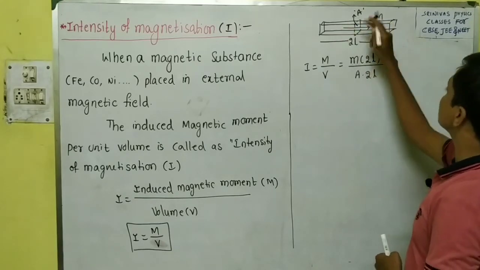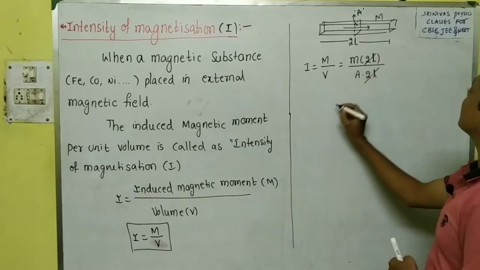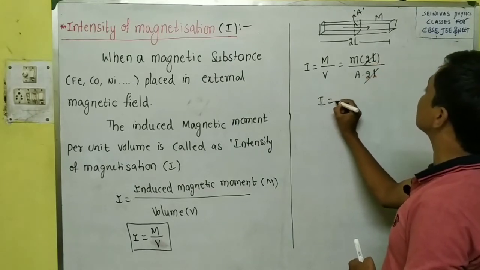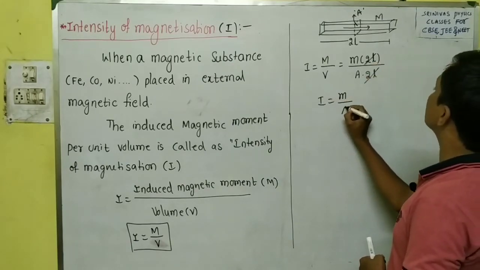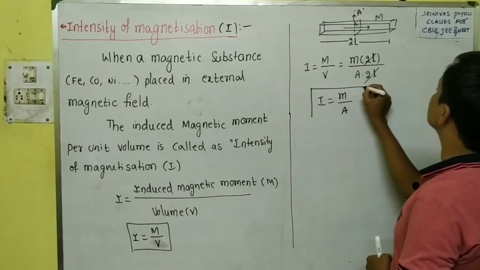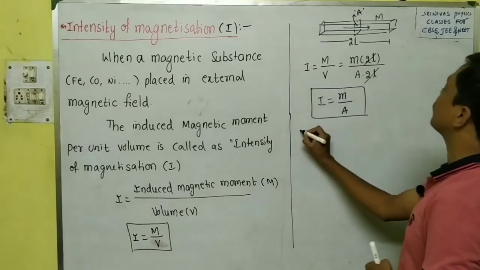The 2L will cancel, then the intensity of magnetization is also equal to pole strength by area, that is induced pole strength per unit area.